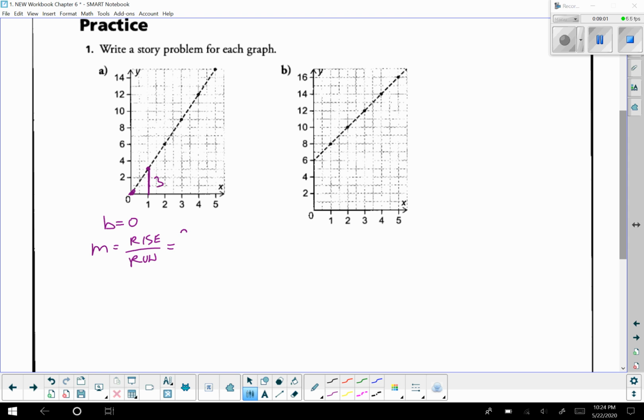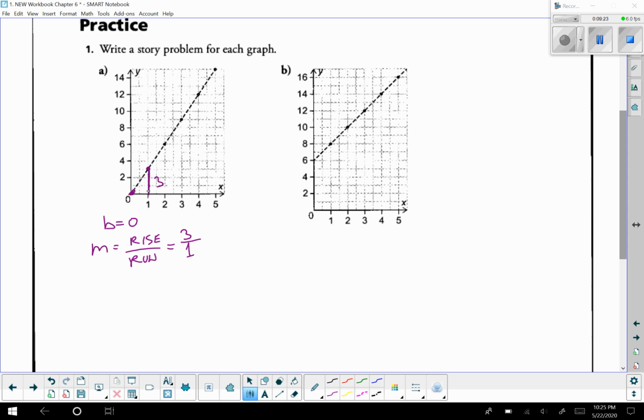So 3 is my rise. And horizontally, it goes from 0 to 1. So be careful not to count the squares, because sometimes in this case, if we look at horizontally, 1 square represents a half. So actually look at the values. Look at the values, it's going from 0 to 3 and from 0 to 1, not the squares all the time.